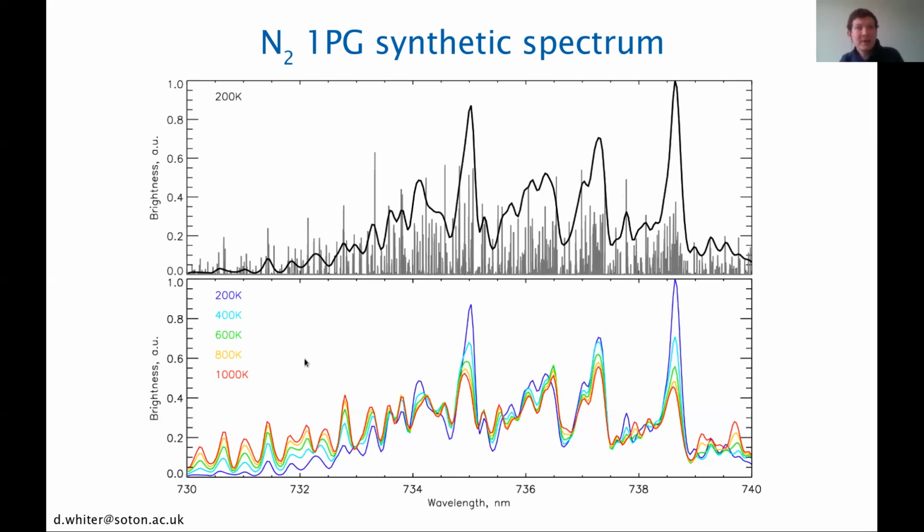And then the bottom panel shows that for different temperatures. So stepping up from 200 Kelvin to 1000 Kelvin, and you see it's temperature dependent. So from the observations and by fitting different temperature synthetic spectra to the observations, we can work out the temperature of the N2, which was emitting around 120 kilometers, say.